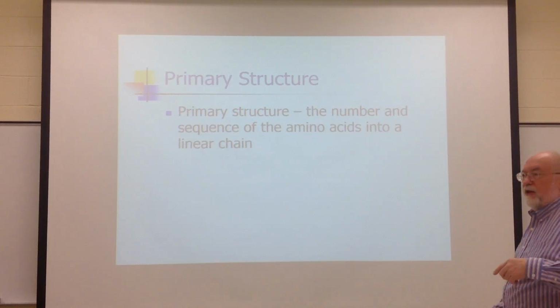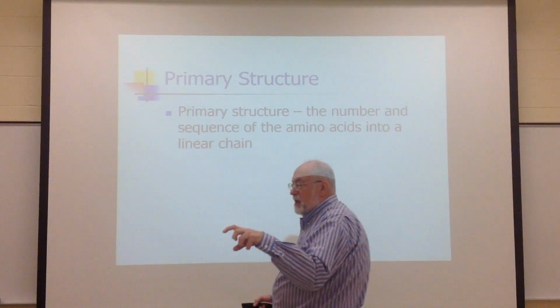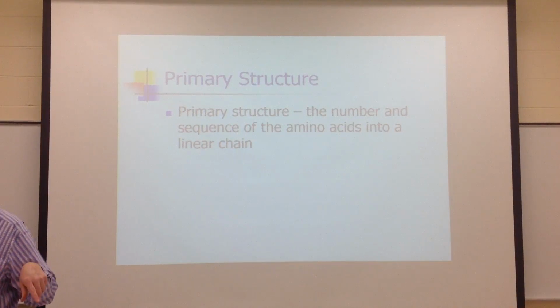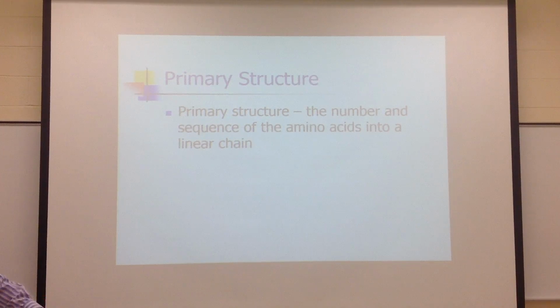So if you take one of the amino acids out, and stick something else in its place, you alter the primary structure, right? Or if you chop 3 of them off and you don't replace them, well, you change the primary structure because now it's a different length from what was originally intended. Everything else, as far as these structures are concerned, is built on this.